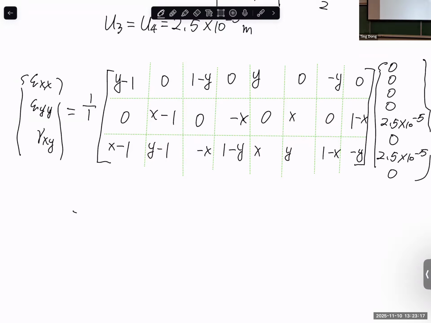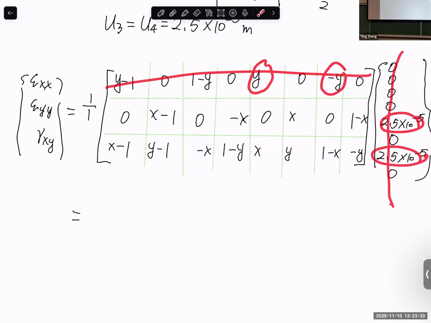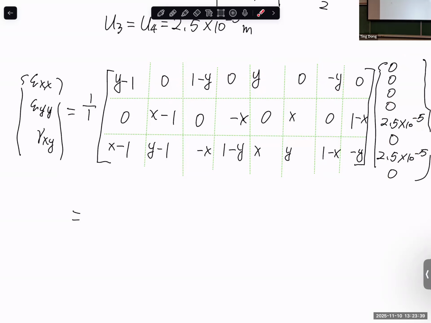So now you can calculate this one. Actually, it's not that complicated because there are so many zeros here. Let's say the first component, you have this one multiplied by this one. And you can see that this is y, this is negative y, and this is 2.5, 2.5. So it's 0 because it's y, negative y. Then 0, 0, 2.5 times negative 5.